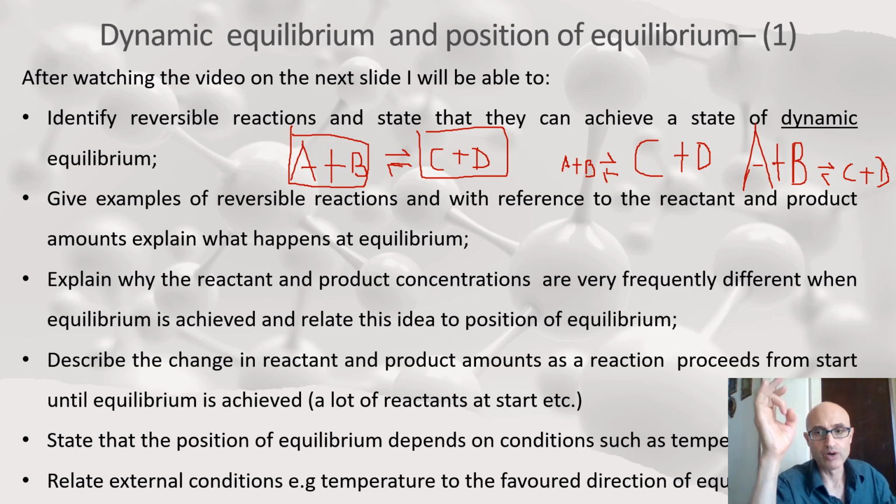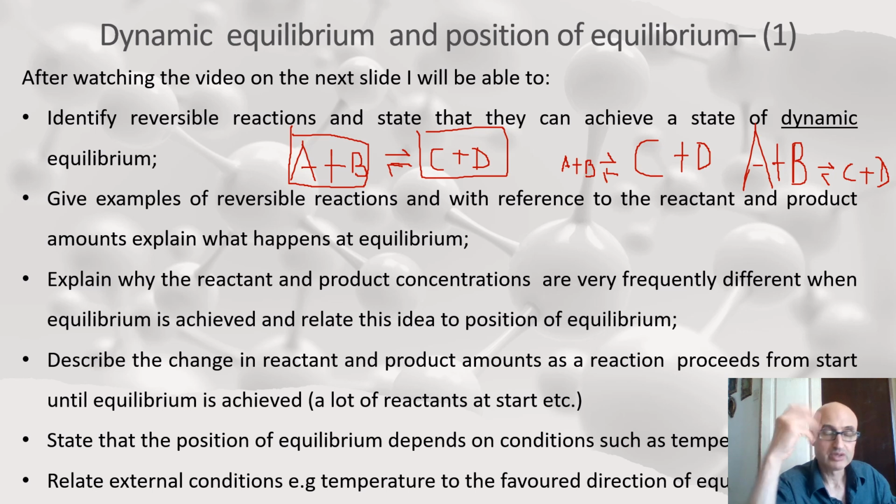We've discussed the idea of reversible reactions, which are not just limited to decomposition reactions, such as we saw from hydrated copper 2 sulfate to anhydrous copper 2 sulfate. But reversible reactions also include phase changes.